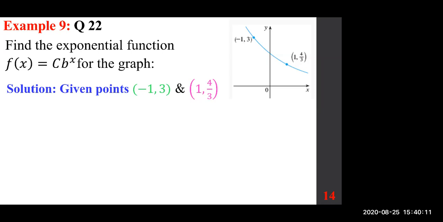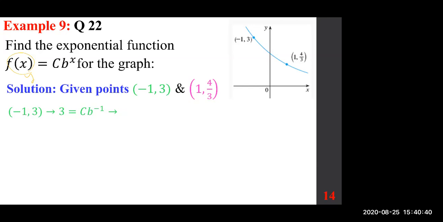So I hope it makes sense to everybody as far as the concept is concerned, okay? And so with that being the case, if we use the first pair, f of x, remember, is y. So 3 is c b to the power of negative 1.